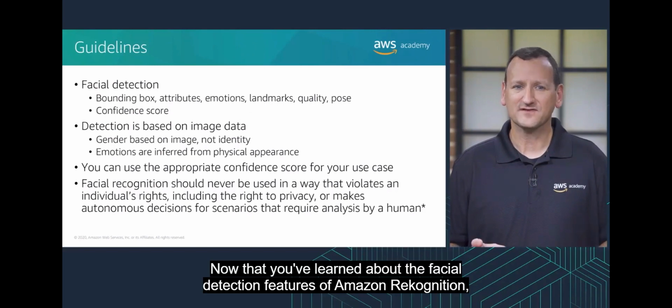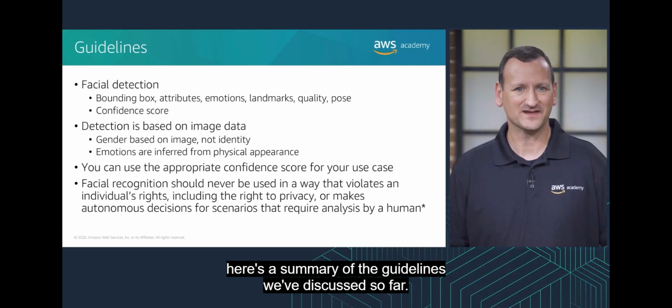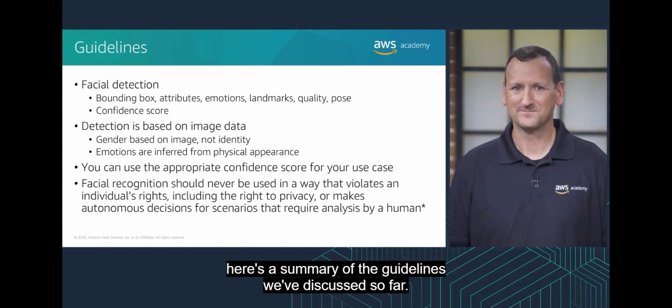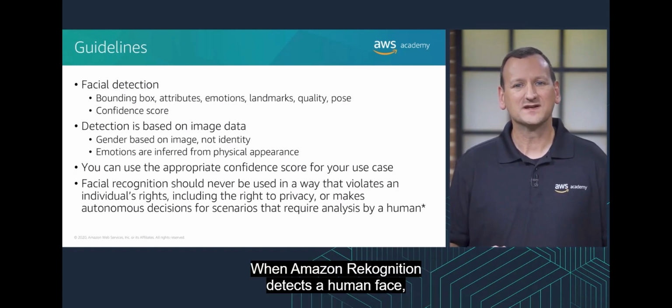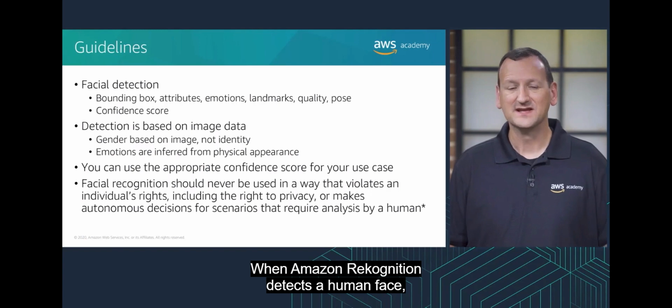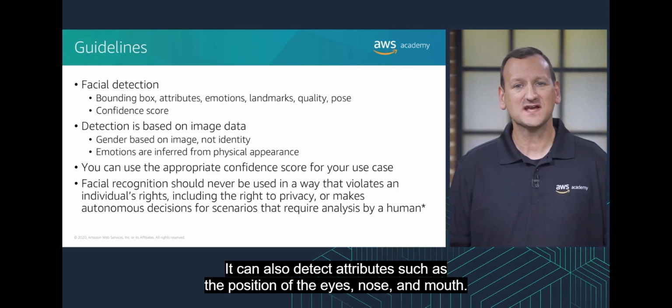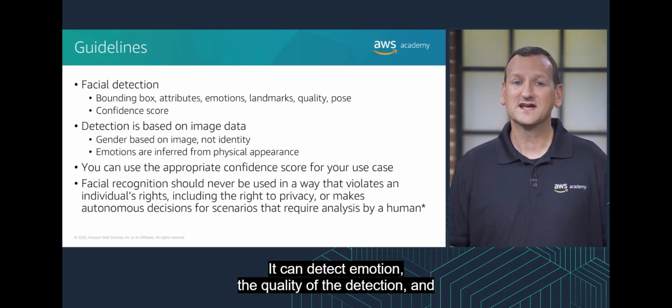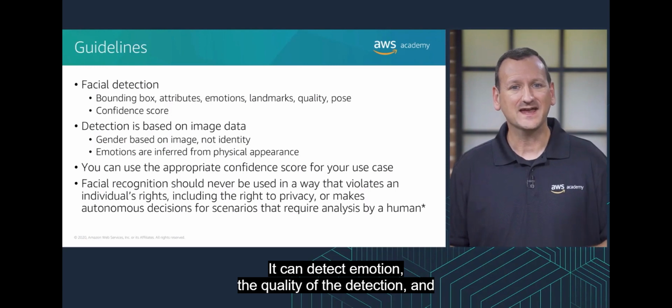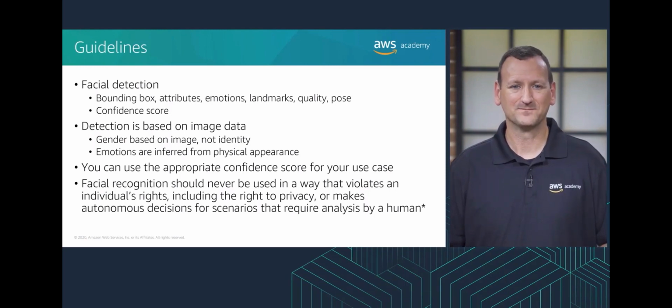Now that you've learned about the facial detection features of Amazon Rekognition, here's a summary of the guidelines we've discussed so far. When Amazon Rekognition detects a human face, it captures a bounding box that shows where the face was found in the video. It can also detect attributes such as the position of the eyes, nose, and mouth. It can detect emotion, the quality of the detection, and any landmarks that might appear.